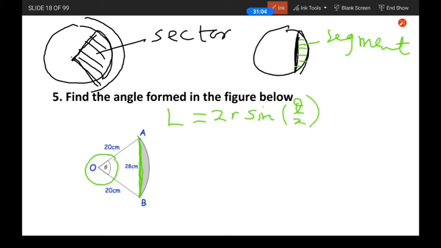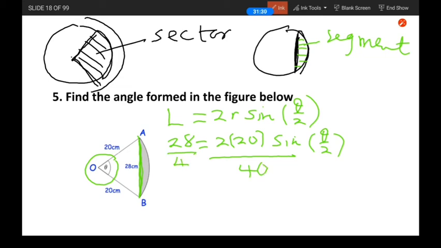So that will now be, the radius is 20, and we have sine. We are looking for the angle theta over 2, and we have been given the length to be 28. If you check very well, that is 28. Is that okay? So what do we do? Divide through by 2 times 20, and that is 40. Divide by 40.